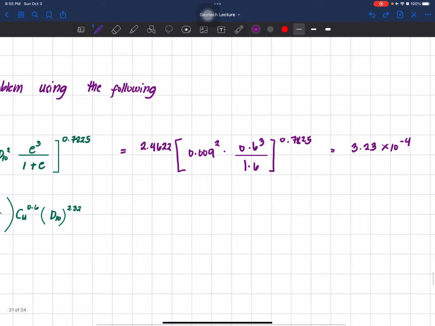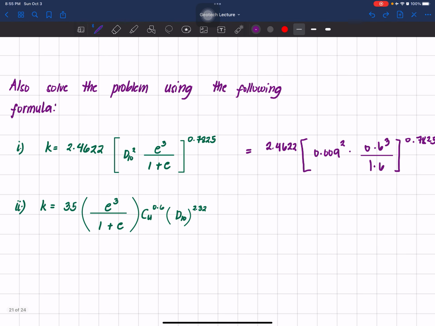Okay? So, how about this one naman? Okay, so we have 35 times E cubed all over 1 plus E multiplied by CU raised to 0.6 times D10 raised to 2.32. Okay. So, kailangan natin mag-compute guys ng uniformity coefficient. Meron na tayong D10, wala na tayong problema doon, pero we need to get the D60. Okay. So, compute natin yung CU.